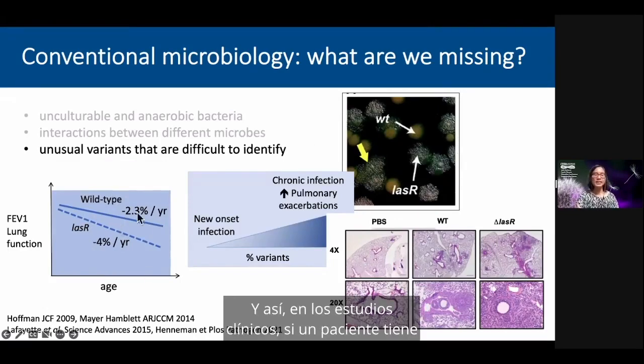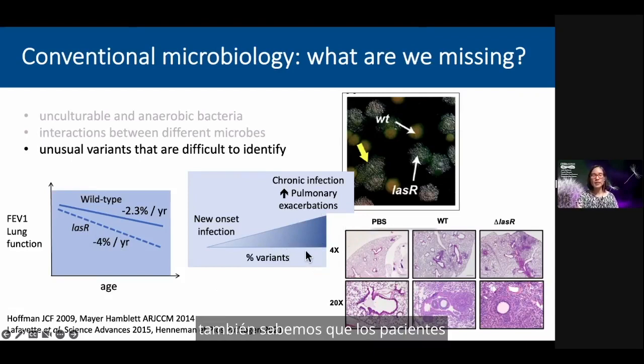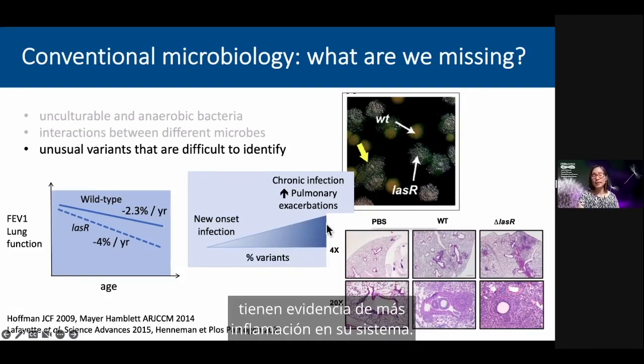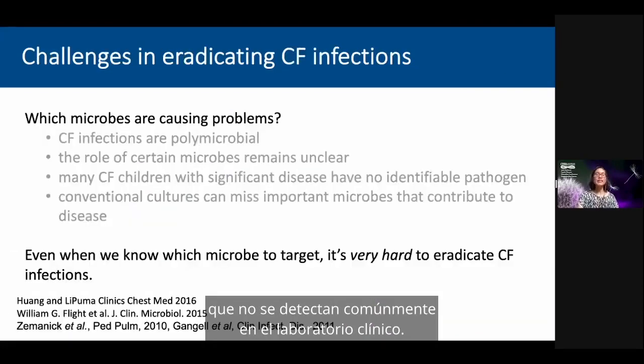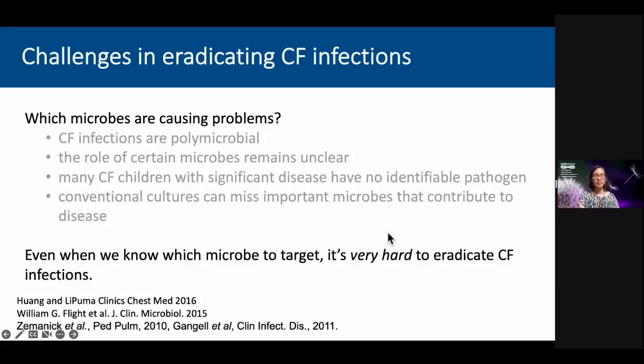In clinical studies, if a patient has this particular variant of Pseudomonas, it seems like their lung function declines more rapidly. In studies that we have done a couple of years ago, we also know that patients who have these types of variants have evidence of more inflammation in their system. And if we tested these variants in a mouse model or in cell culture, they're very inflammatory. So these are types of variants that are not commonly picked up in the clinical lab.